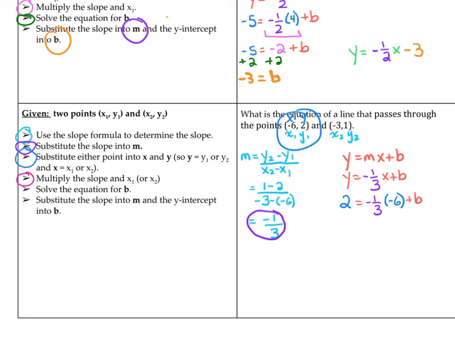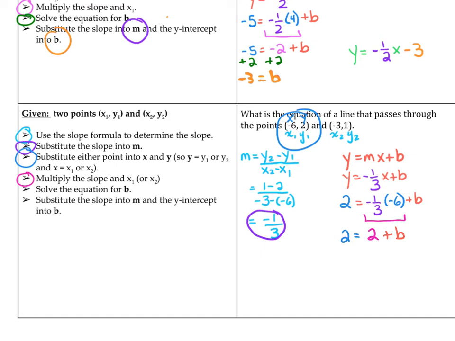Now, multiply these two numbers together. So negative 1 over 3 times negative 6. In your calculator or in your head, negative 1 times negative 6 is 6, and then divided by 3 is 2. So that's going to give you 2 equals 2 plus b.